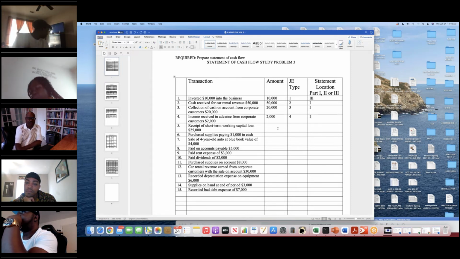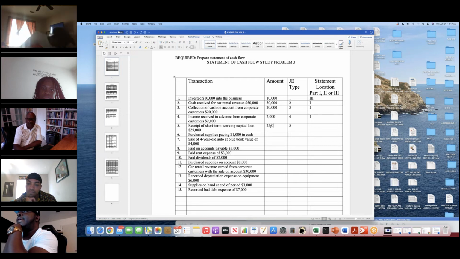Receipt of the short-term working capital loan. Type 5. So where's that gonna go? 3. You chose the wrong door. It's not a 3.